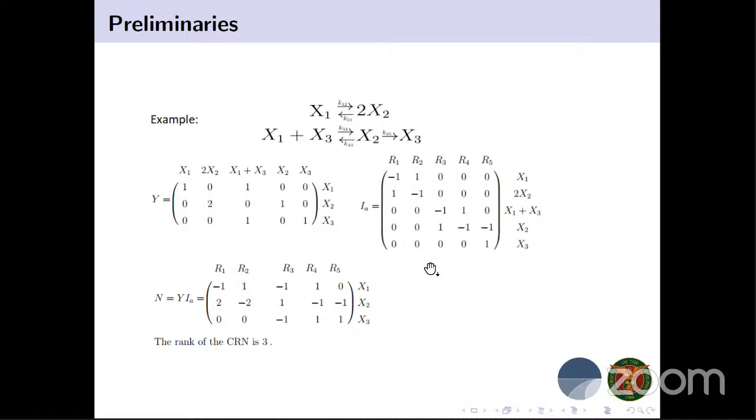And then you're going to do that for each reaction. If we multiply Y and I sub A in that order, then we have the following matrix, which is the stoichiometric matrix. We can check that the rank of this CRN is equal to 3.